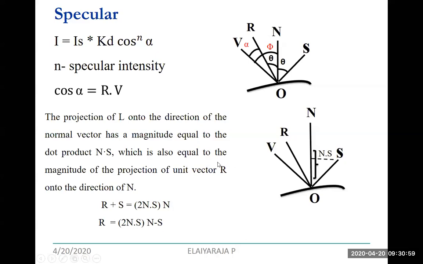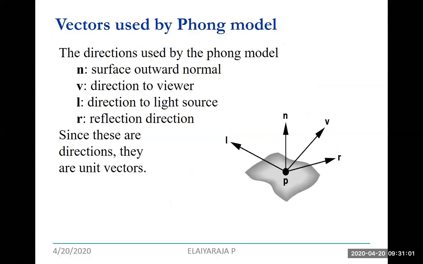Okay, the vectors used by the Phong model: what you check is the surface, the direction of the viewer, the direction of the light source, and the reflection of the light source direction.